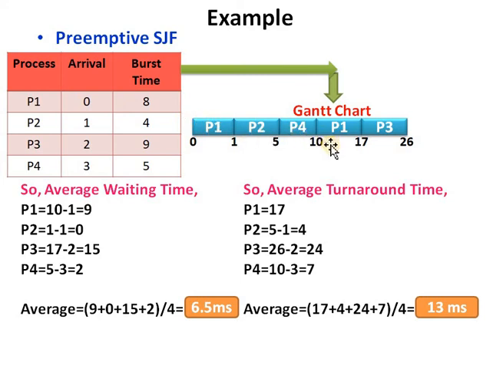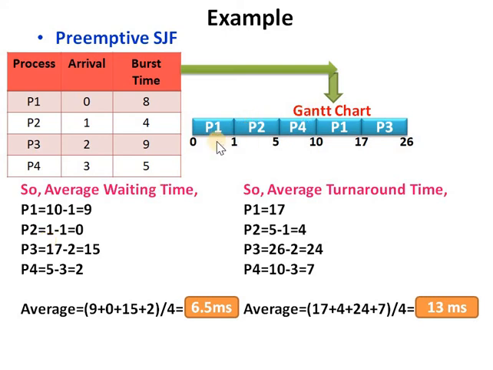That is 10, because in the first case the process P1 is preempted. So, 10 is the starting time minus arrival time. Here we are considering that 1 millisecond of process P1 was executed first, so we subtract 1. So, it is 9.